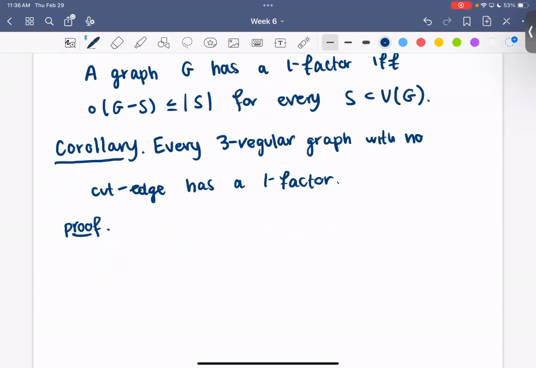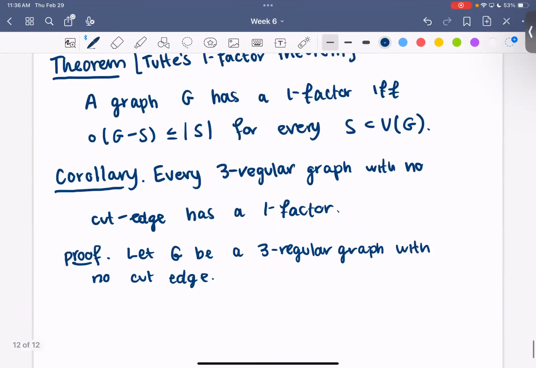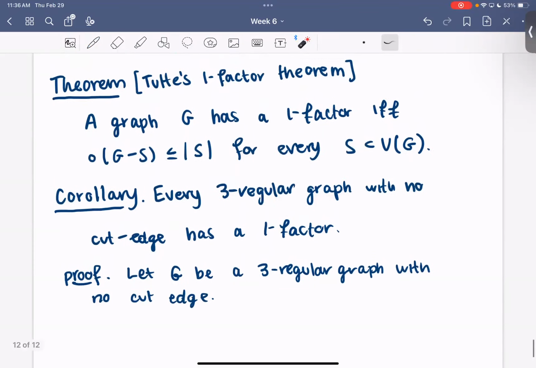So let G be a 3-regular graph with no cut edge. And then we're just going to show that G has to satisfy Tutte's condition, which will then imply that it has a 1 factor.